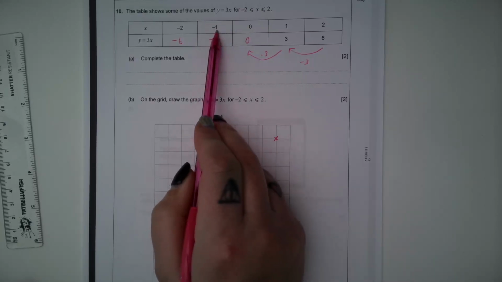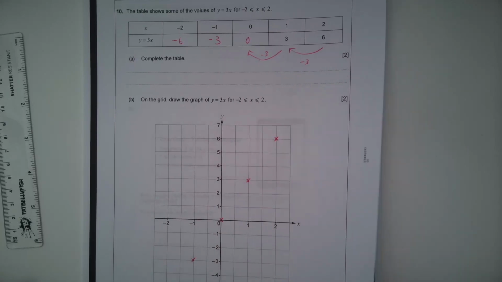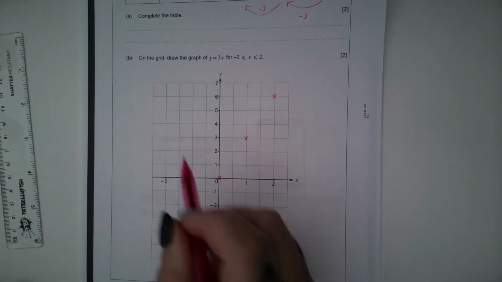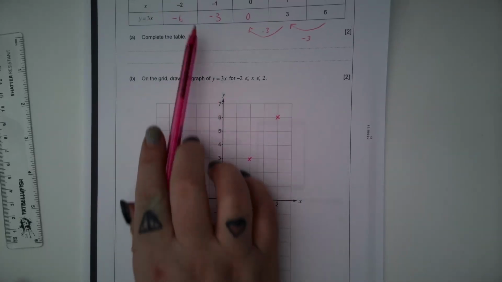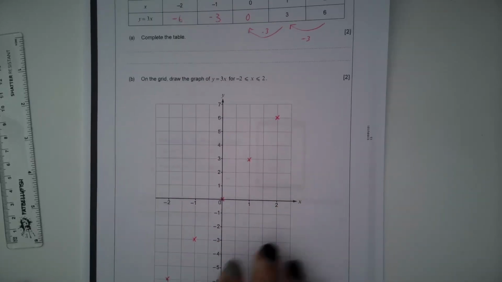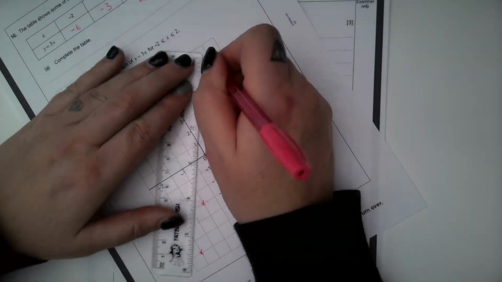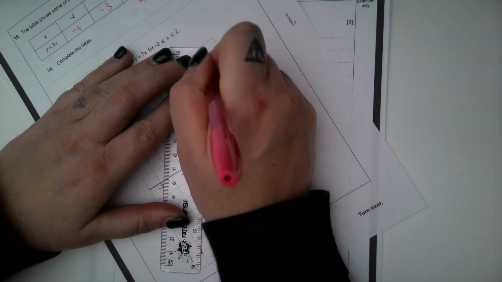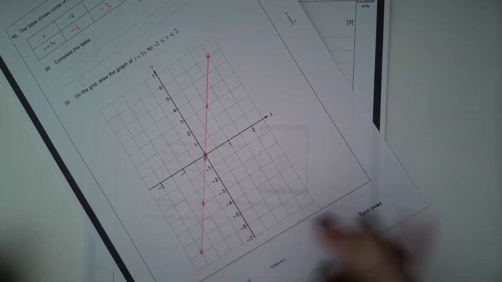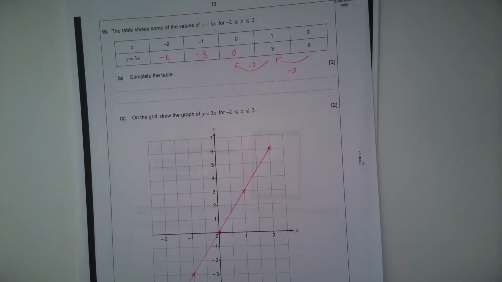When x is -1, y is -3. And then when x is -2, y is -6. And what should happen here, guys, is because it's a linear function, when we join these points, they should join to make a straight line. Make sure you draw that line through, guys, or you're going to lose a mark.